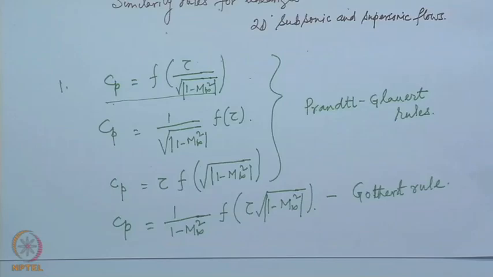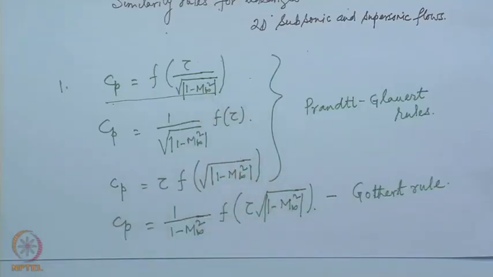That is, if we consider airfoils of the same family, and the thickness varies in such a way that tau by root over 1 minus M infinity square is constant, then the pressure distribution on the airfoils will remain constant. Meaning, let us consider a subsonic flow.